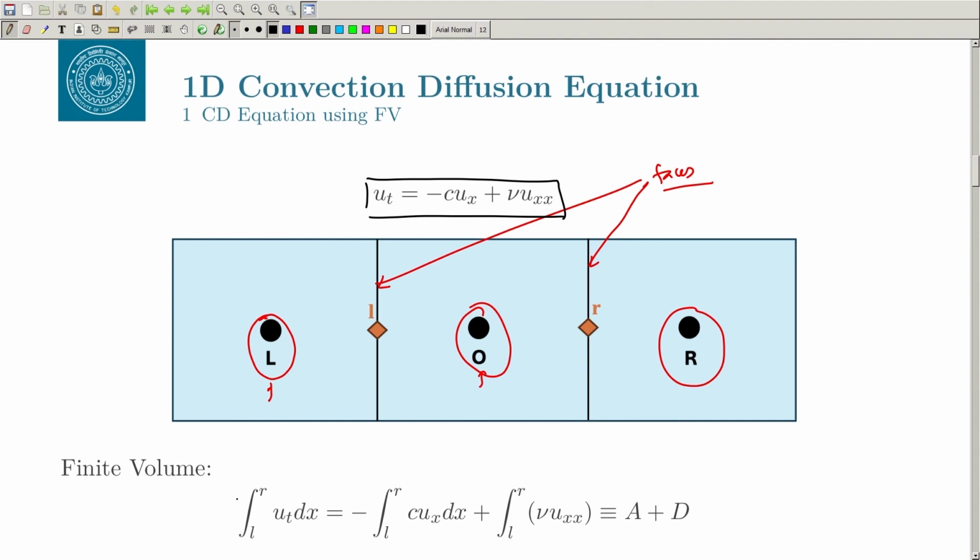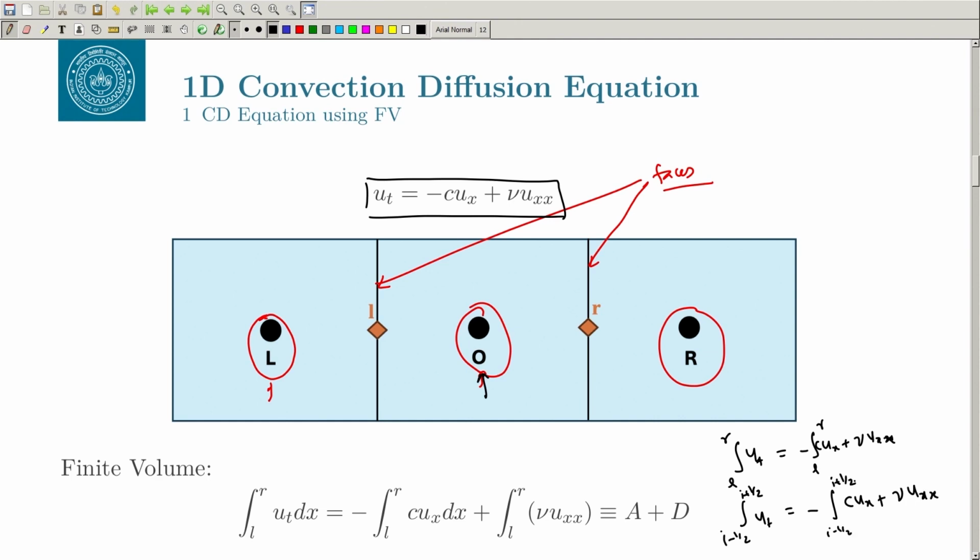So this will become u t is equal to minus c u x plus nu u x x, and we integrate it because we are looking for the solution in O. I will integrate it from left to right, or in other words I minus half to I plus half. So this is the integral of u t from I minus half to I plus half is equal to minus c u x plus nu u x x from I minus half to I plus half.